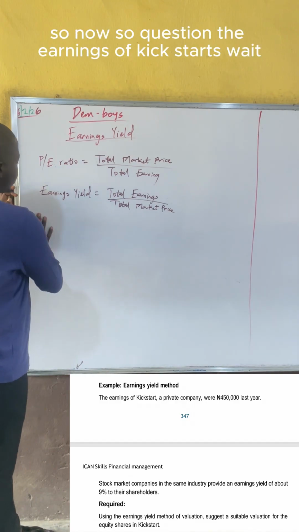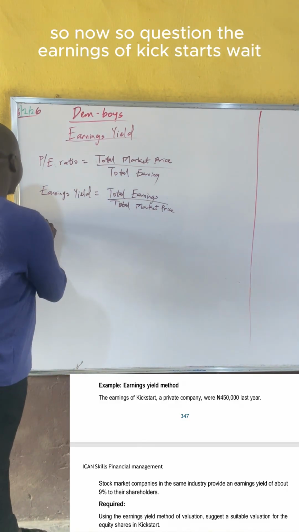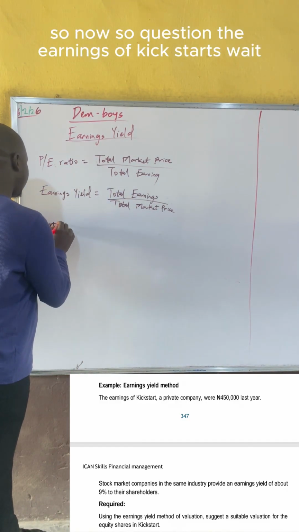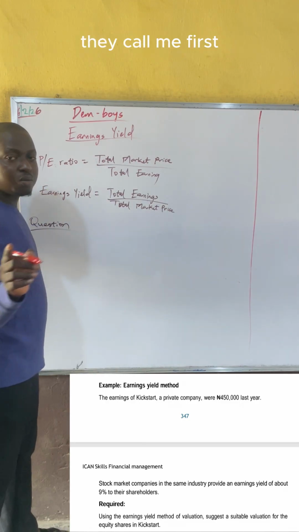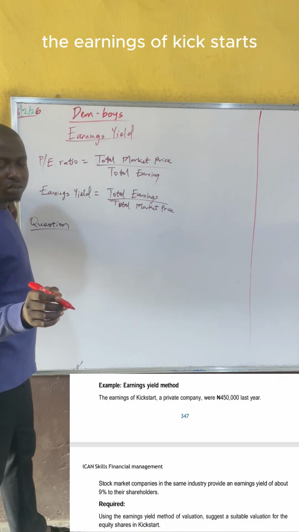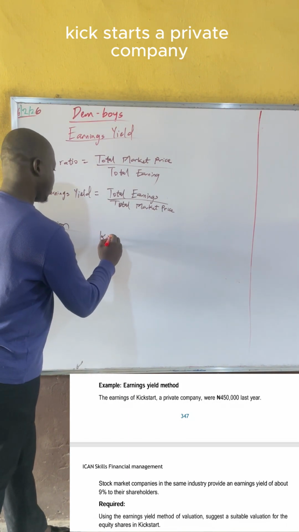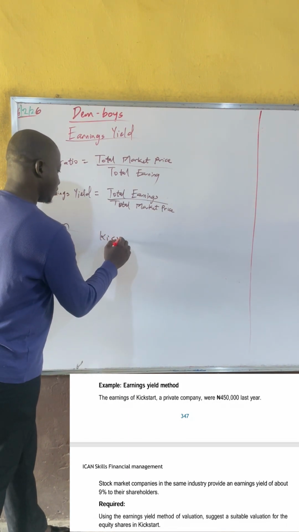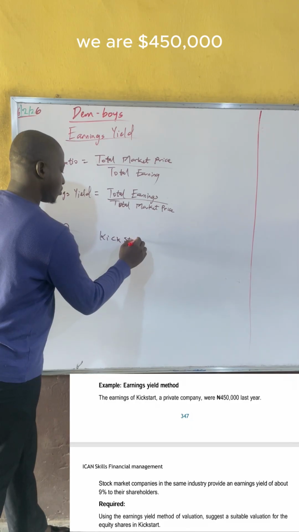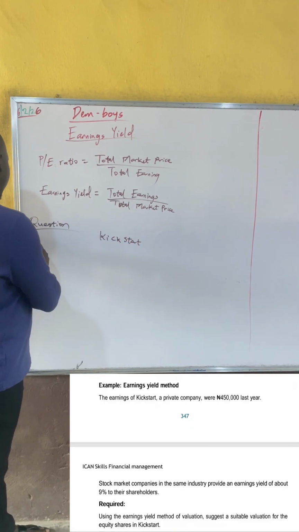So question. The earnings of Kickstart, the private company, were 450,000 last year.